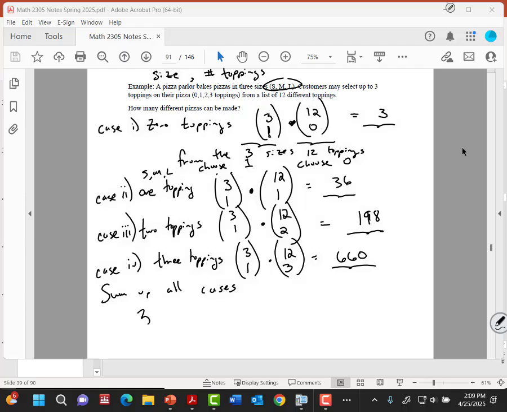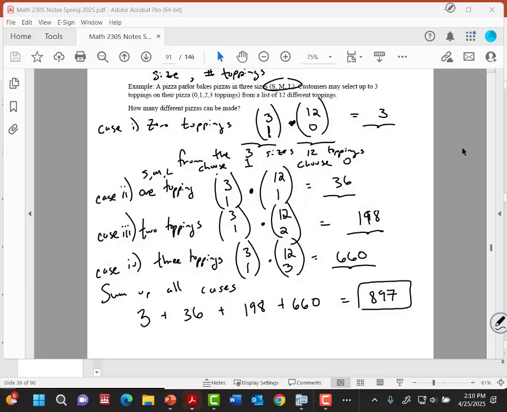In essence, there are 3 ways to do 0 toppings, plus 36 ways to do 1 topping, plus 198 ways to do 2 toppings, and 660 ways to do 3 toppings. If I sum these together, I get 897. Okay?